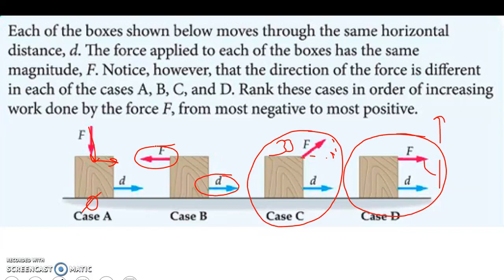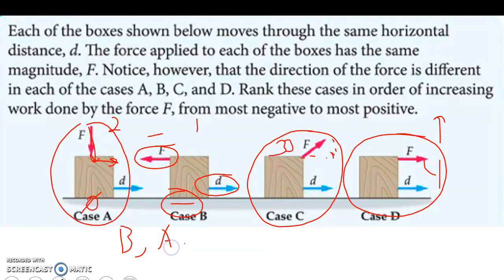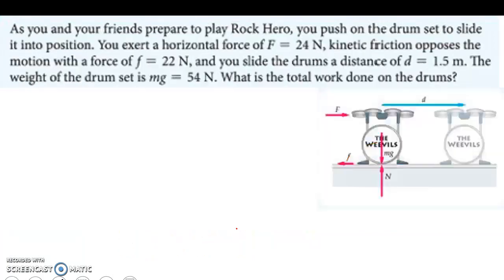So if I take force times displacement, since my force is going the opposite direction, it's going to be a negative number. Work done in this case is going to be negative. So 0 or negative, which one's greater? Obviously 0. So that's going to be my 2nd least, with B being my least. Listing these from least to greatest, I'm going to go B, A, C, then D. And obviously you heard my reasoning behind it.